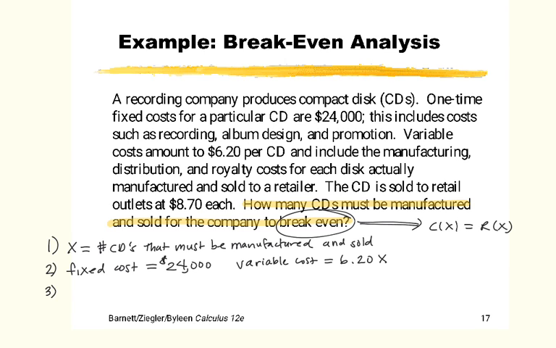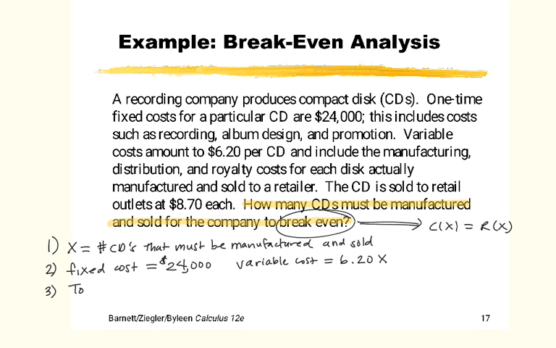Okay. And the way we determine the cost, we look at the fixed cost and the variable cost and take the sum of those two. And then to determine the revenue, we determine how much we're selling, whatever we're producing per item. Okay.